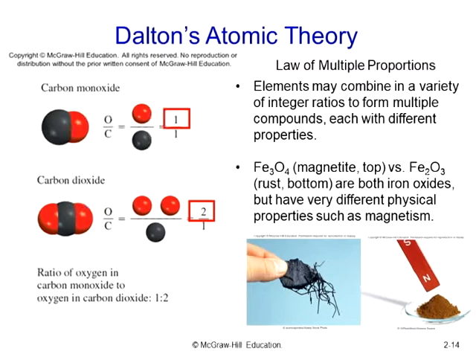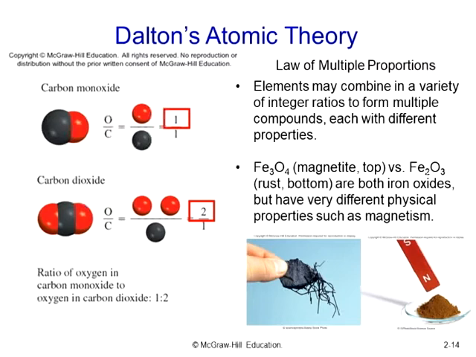We can combine one atom of carbon with one atom of oxygen to form one molecule of carbon monoxide. We can also take 2 atoms of oxygen and one atom of carbon and form carbon dioxide. So Dalton's atomic theory allows us to understand why these reactions can occur and how these atoms can combine.